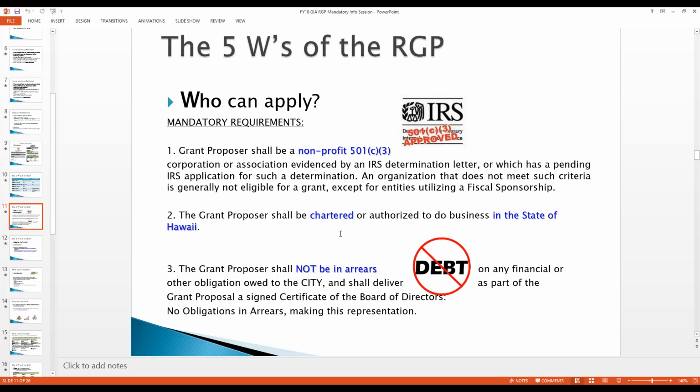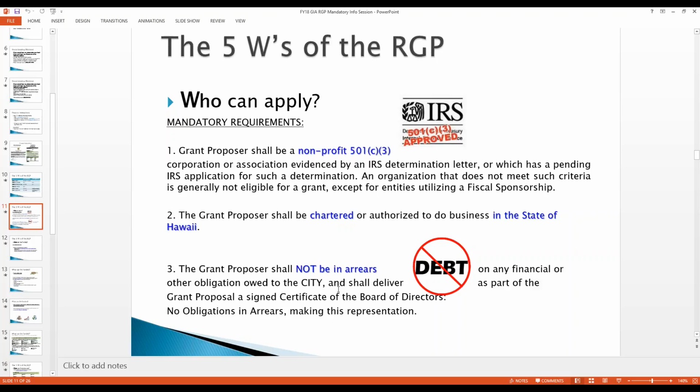Next, the grant proposer shall be chartered or authorized to do business in the state of Hawaii. We had questions in the past asking, what if the organization is incorporated in another state, but they regularly run programs in the state of Hawaii? That will qualify you for this requirement, as long as the organization is chartered to do business in the state of Hawaii.